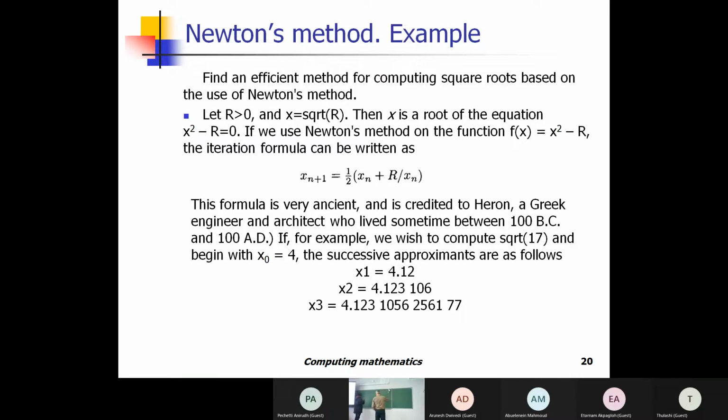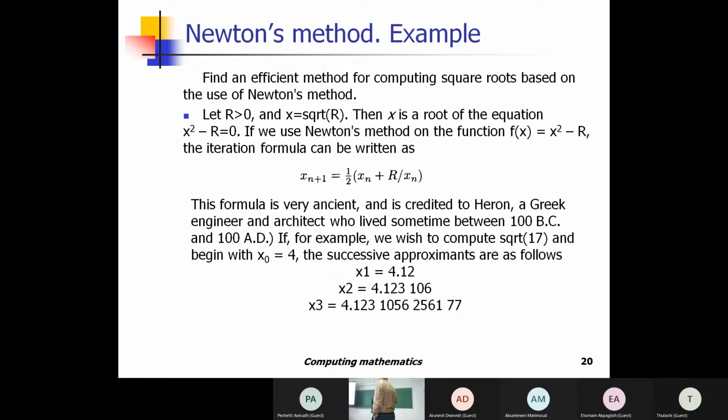It includes the derivative. Yes. First, we need to find the derivative.